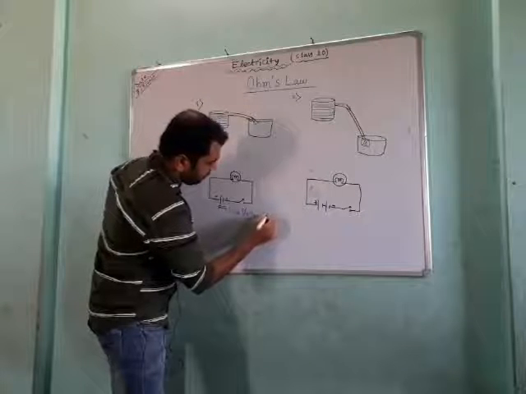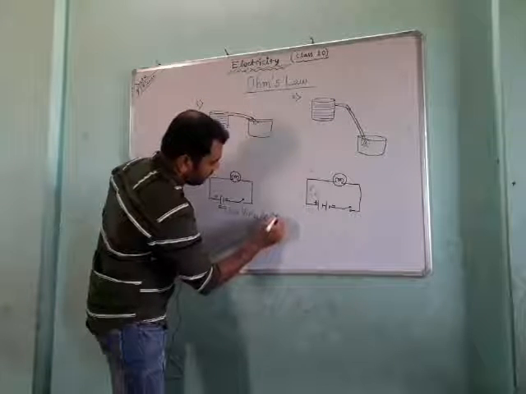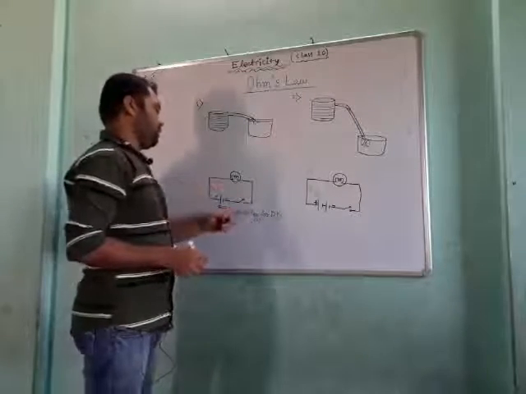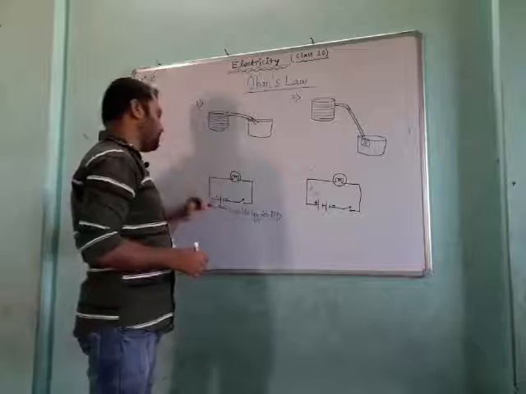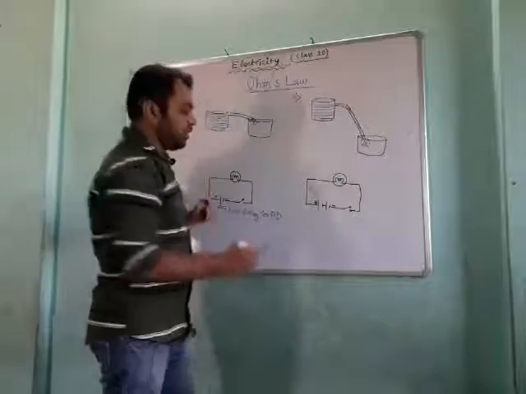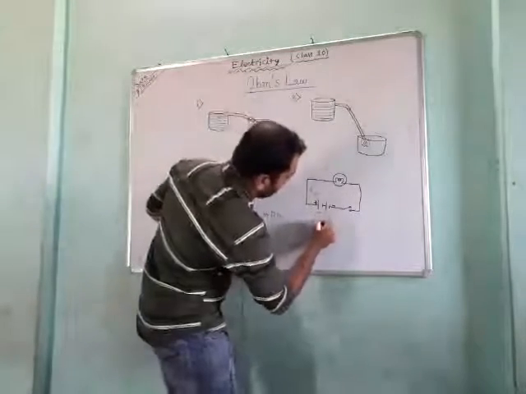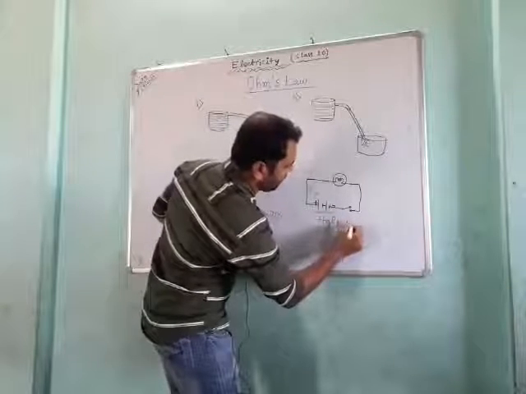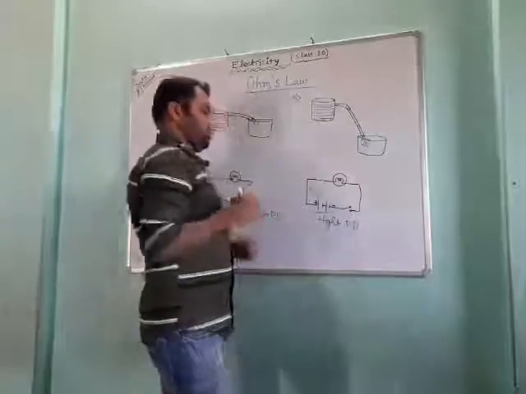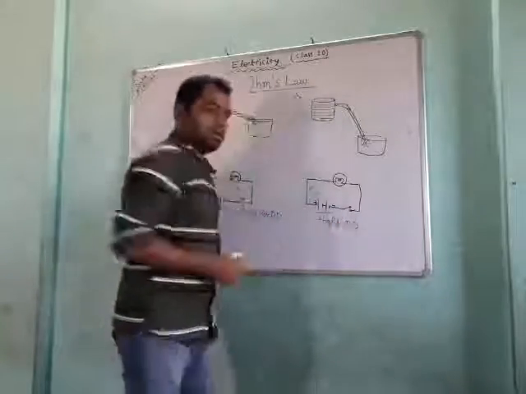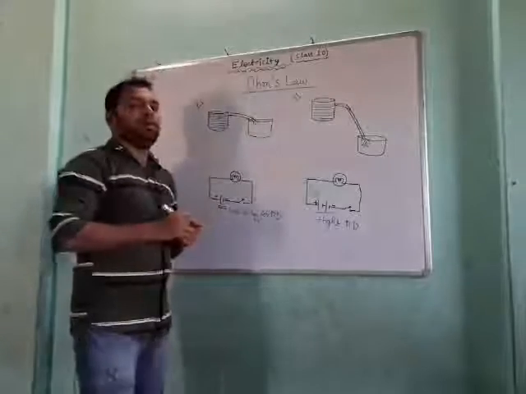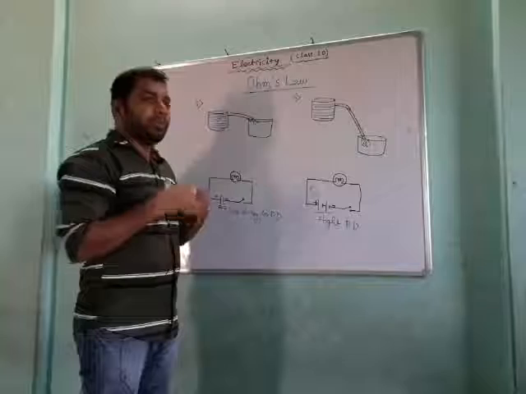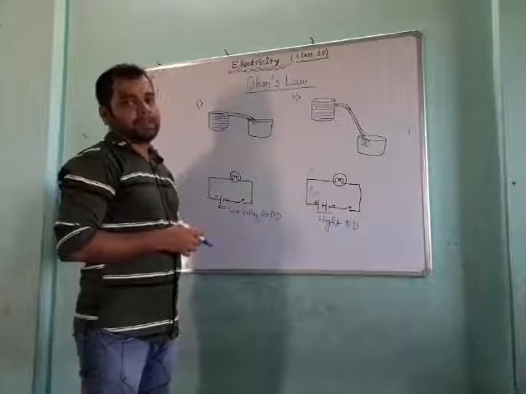If I apply low voltage in this circuit and I apply high potential difference in this circuit, can you guess which bulb will glow with maximum brightness?